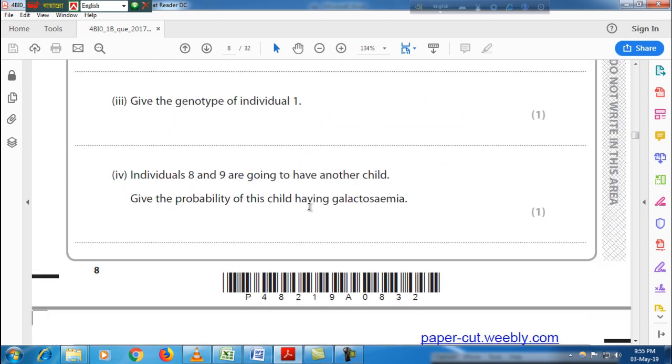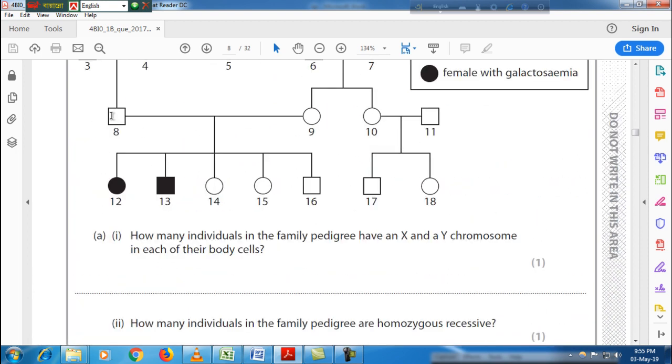But if in the question it is written that there is no probability of this child having galactosemia, then it will be capital letter G and capital letter G. That means 9 will also be hetero, capital letter G and small letter g, and the probability is 1/4.